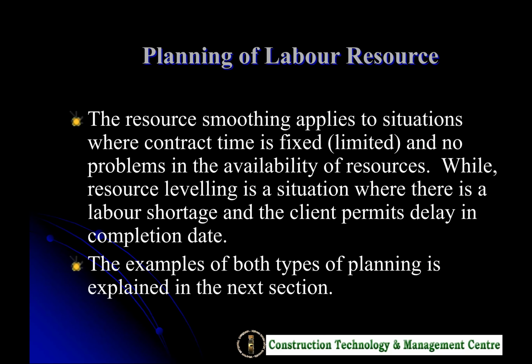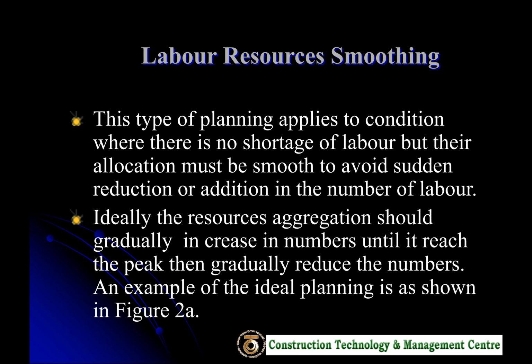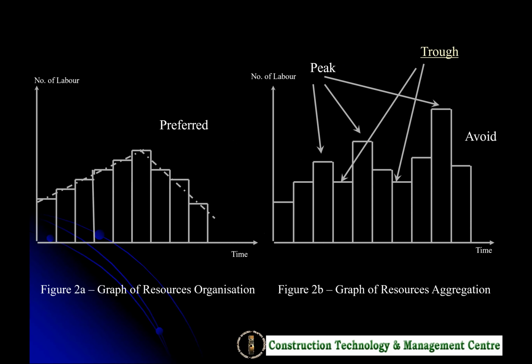Okay, so the example of both things, we already mentioned. Again, this is just a repetition. In resource smoothing, the first plotting, this could be your first plot of the graph. It looks like this. There are peaks, there are troughs or valleys, which is not very good. We do not want this kind of graph, okay?